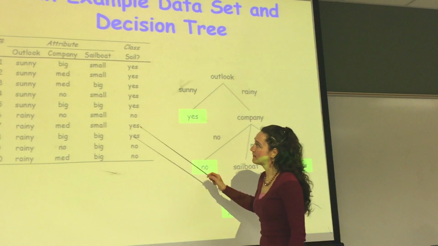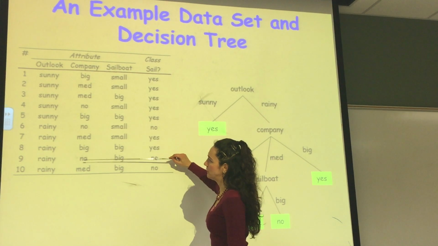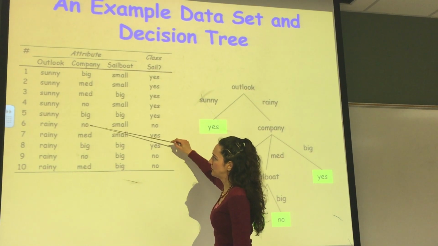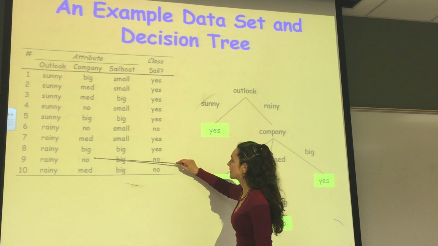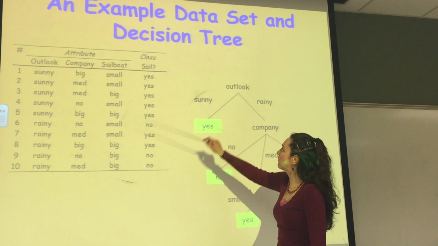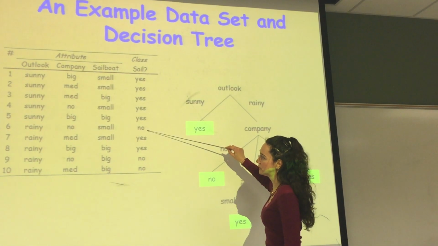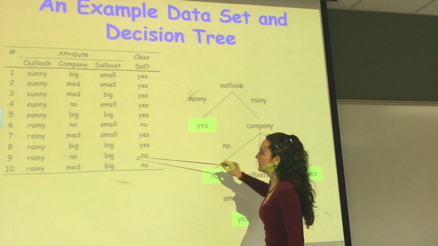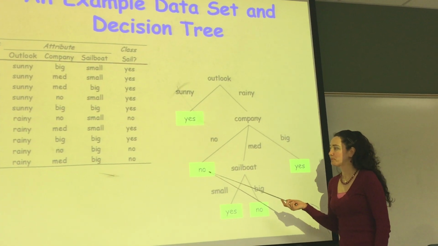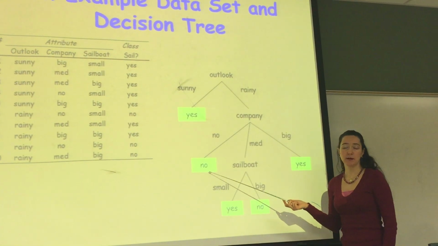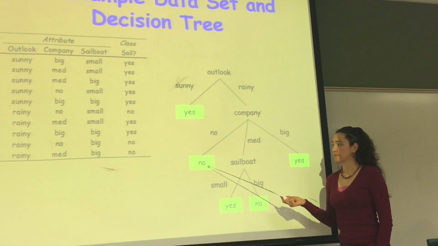The objects that have property no are going to be 6 and 9. If we look at the class attribute for object 6, it's no, and for object 9, it's also no. So we have a leaf here. All of these objects are the same class, so we have arrived at our decision.